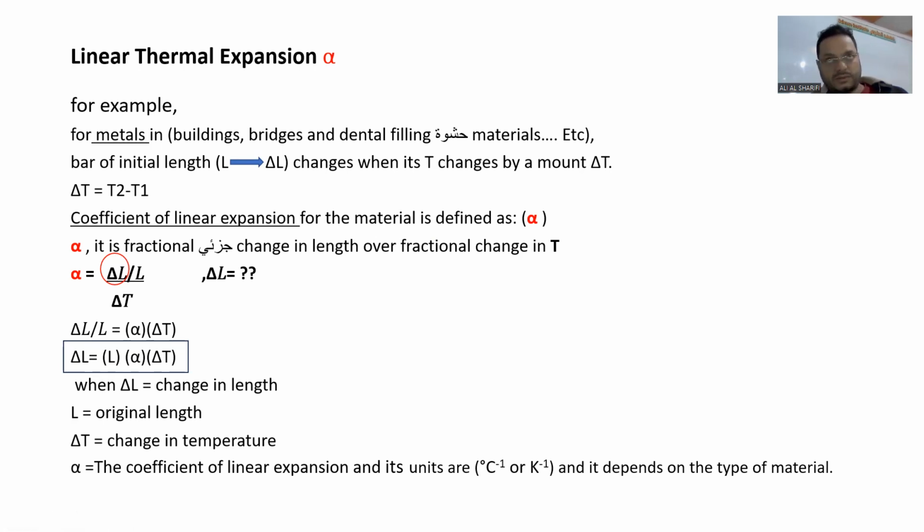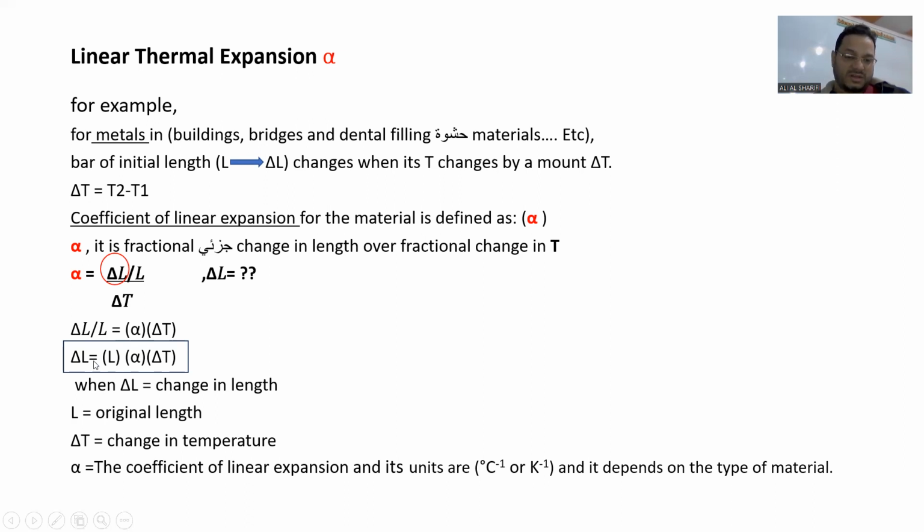That means I have L2, and by that I have delta L, because L2 is more or less than L1. The change in the length over the original length, divided by the change in temperature. By that, alpha, the linear thermal expansion coefficient, equals delta L divided by L divided by delta T, because we have two temperatures, the first one and the last one.